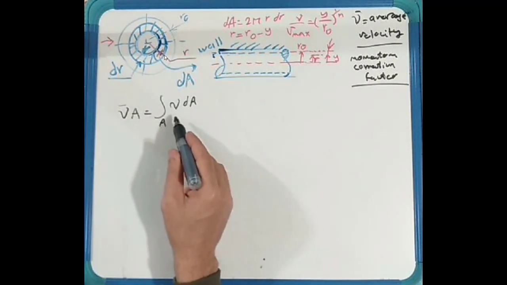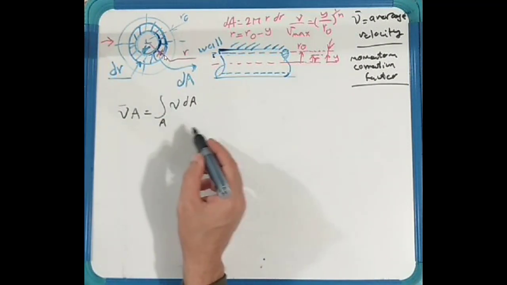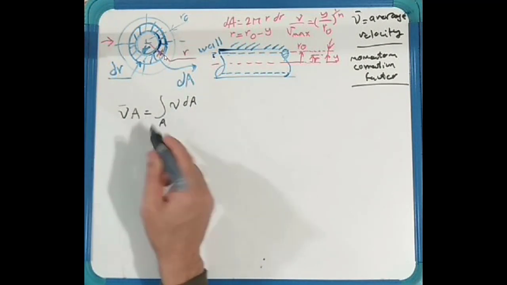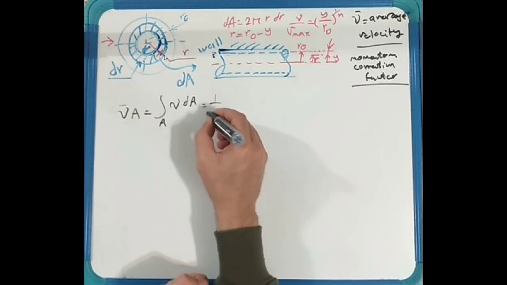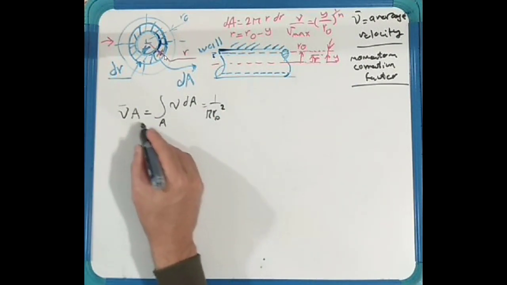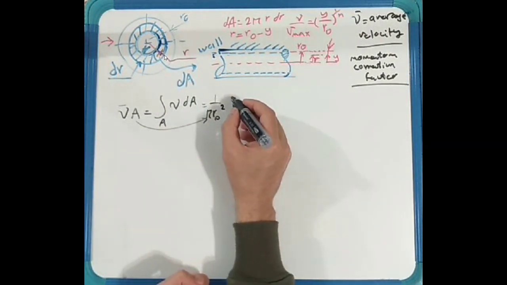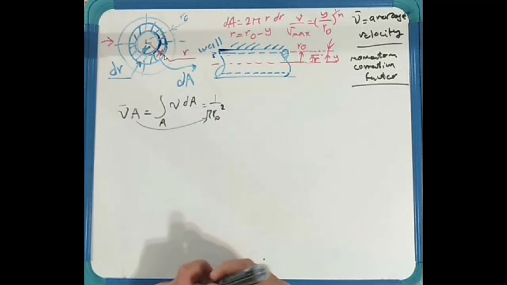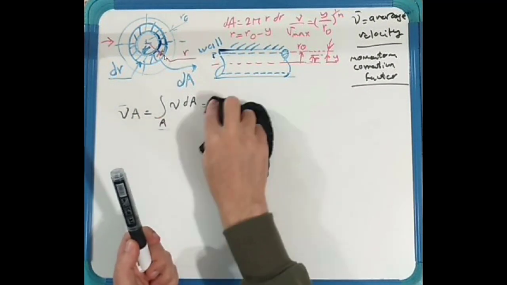But this is precisely what I have to use to find the average velocity from this formula. Okay, let's do it. I can write πR0² because this is A, but let me first introduce it to you mathematically.